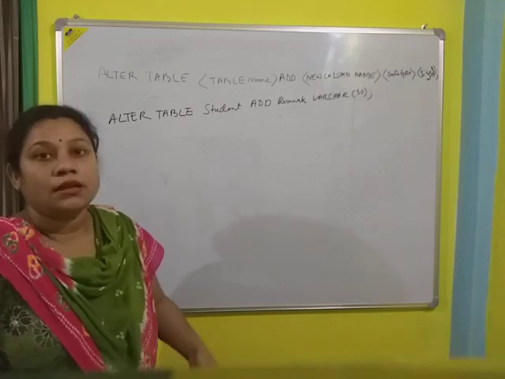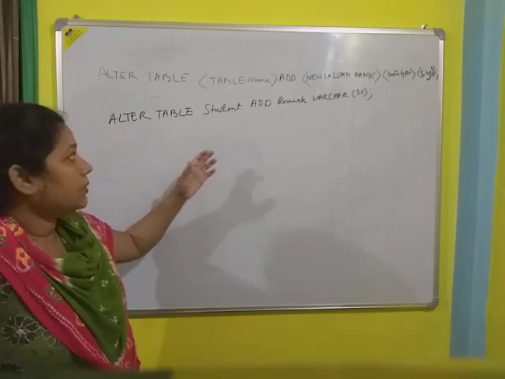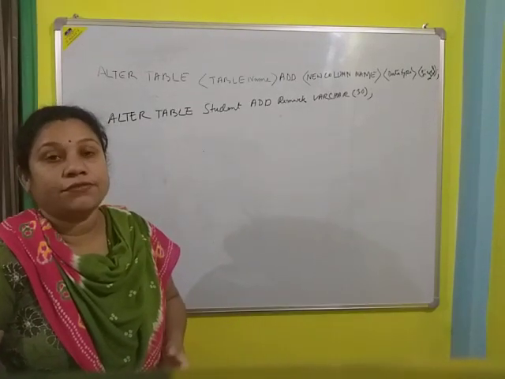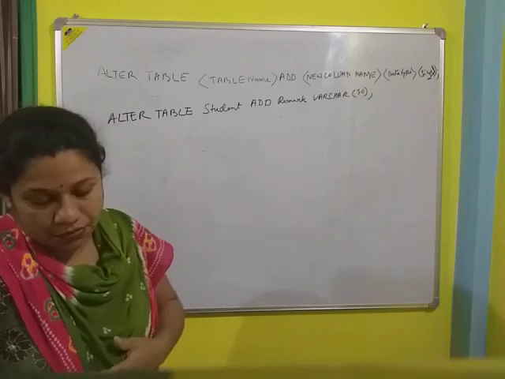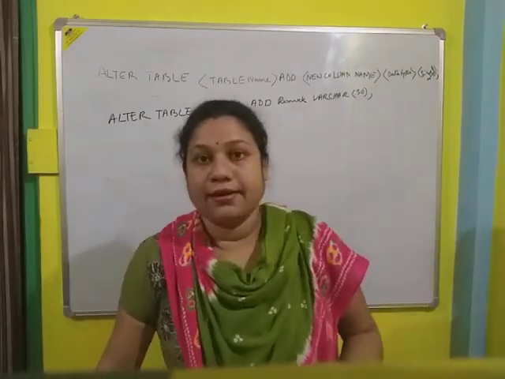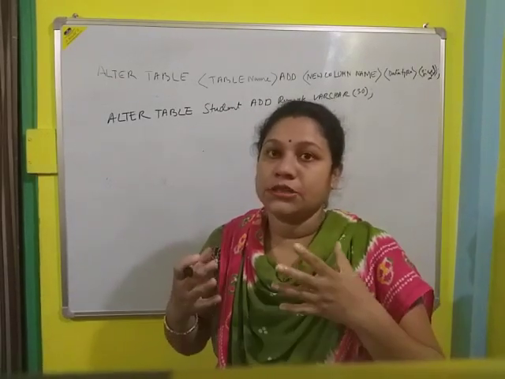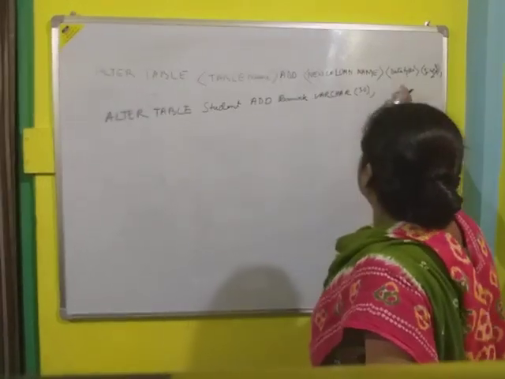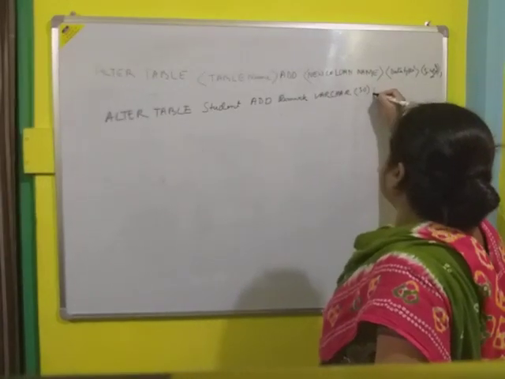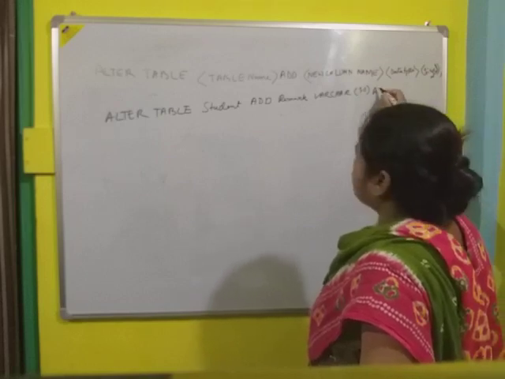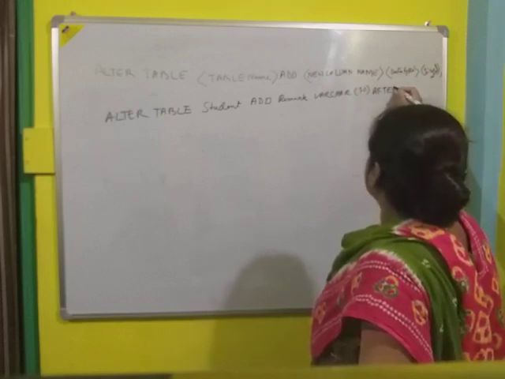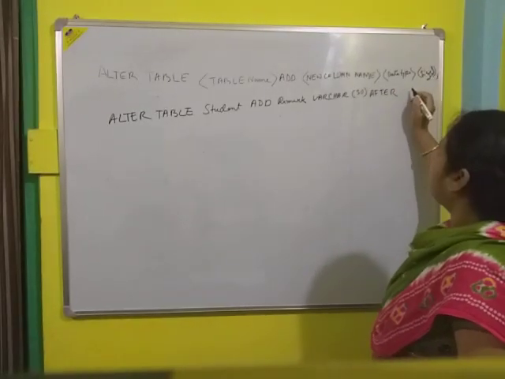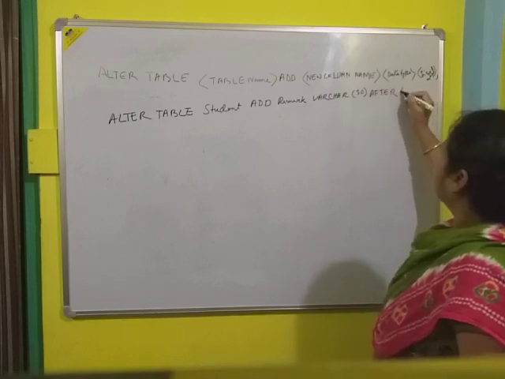Okay, so you can put this new column in a specific location if required. If you want to enter a particular column in a specific position, then you can write the after command. After, then give the old column name.